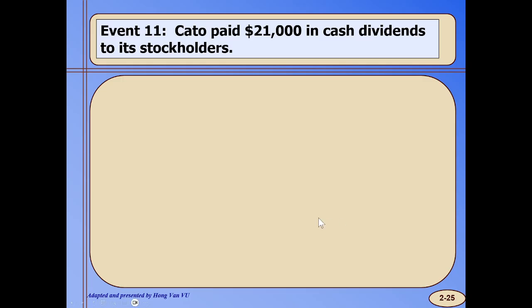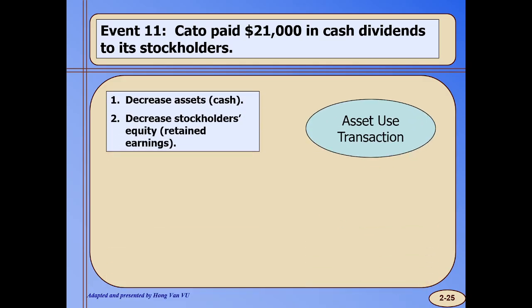Okay, so now we continue with transaction number 11. The company paid 21,000 in cash dividends to its stockholders. The payment of dividends decreases the cash asset account and decreases the retained earnings stockholders' equity account.